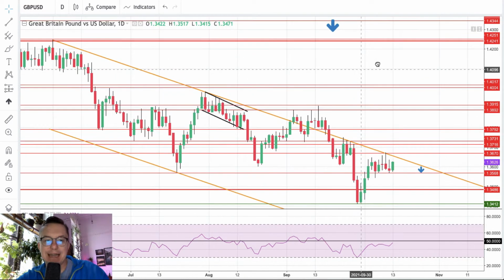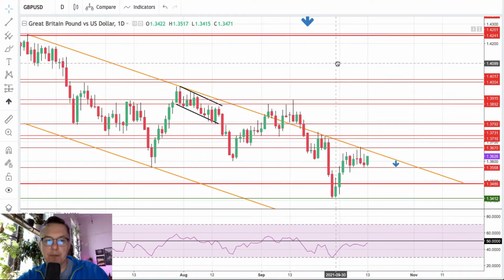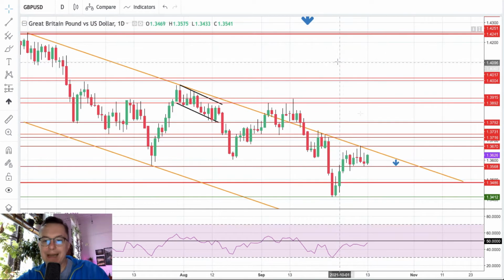As you can see, today's data from the UK economy has helped the British pound to move higher. The market moved towards the upper channel line again. It is approaching the upper channel line and 1.3670 technical resistance.